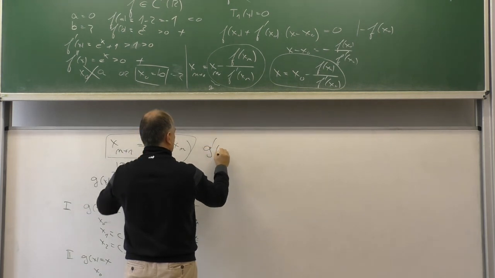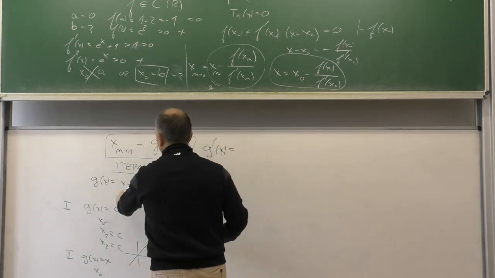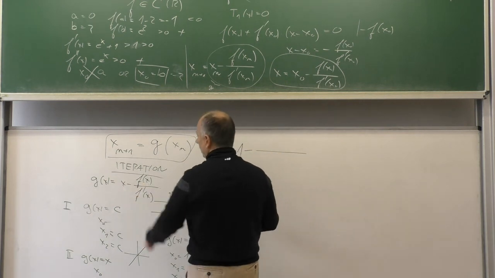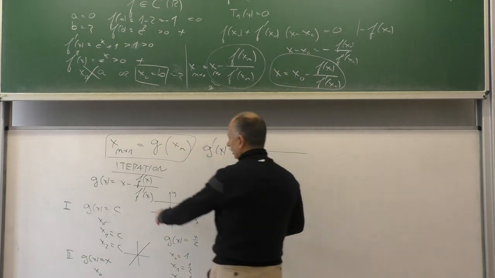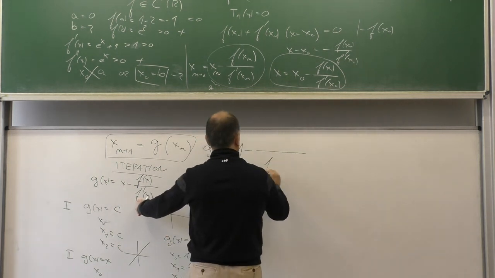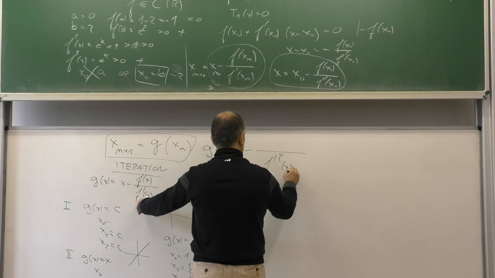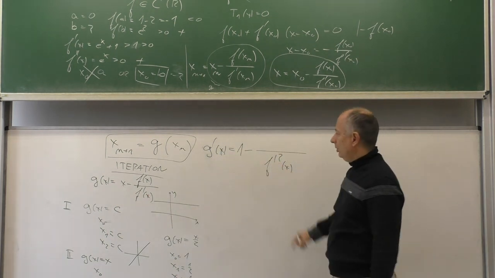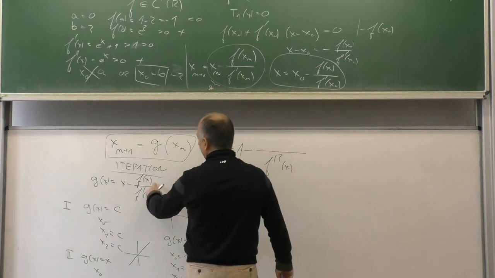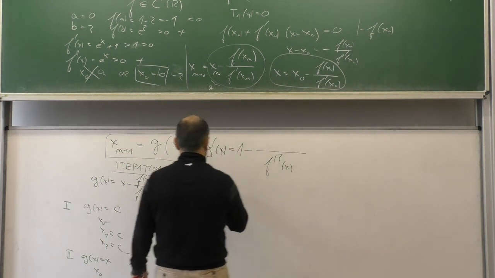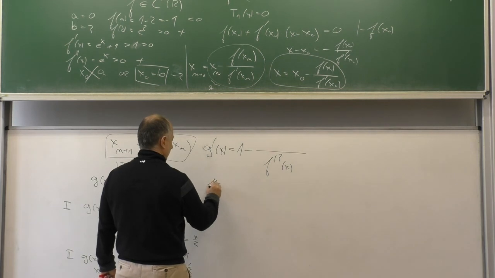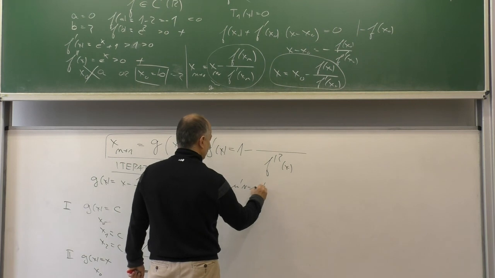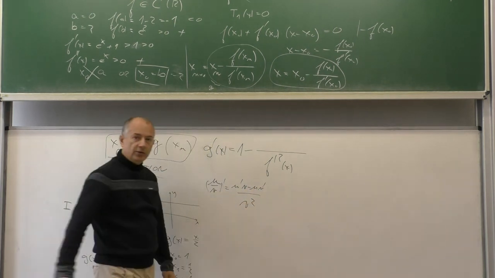g prime at x will be the derivative of x, which is 1, minus a fraction, and we know how to differentiate the fraction. We take the square of the denominator. This prime means derivative, and this 2 means the square, second power. And then in the numerator, to repeat the derivative of the fraction, u derivative v minus u v derivative, divided by v squared.